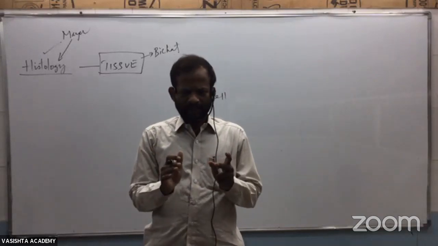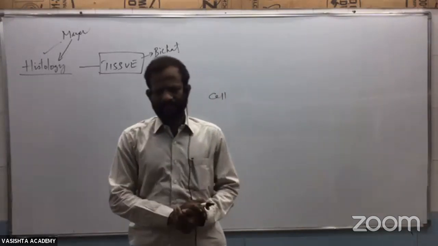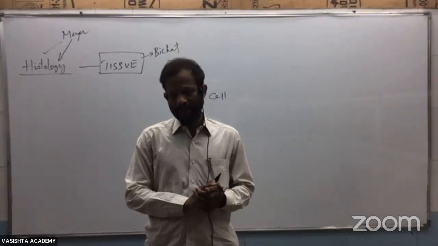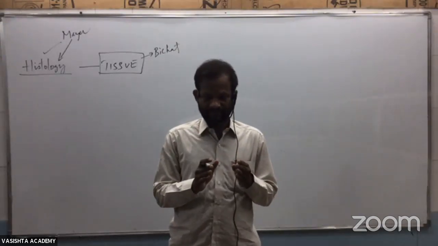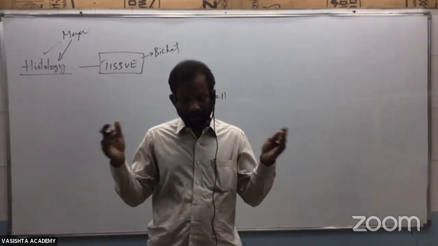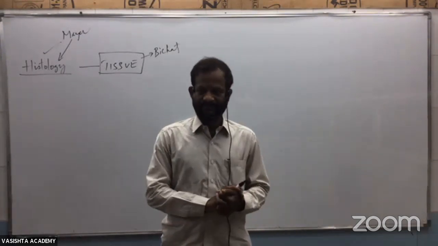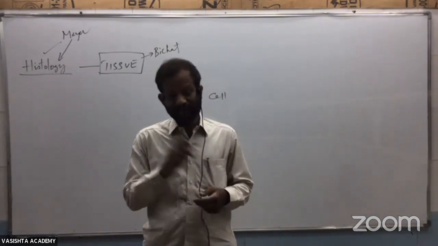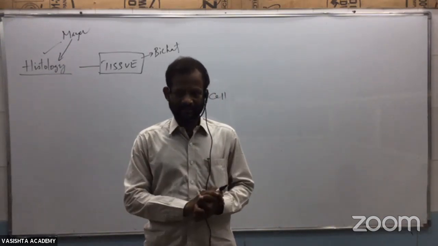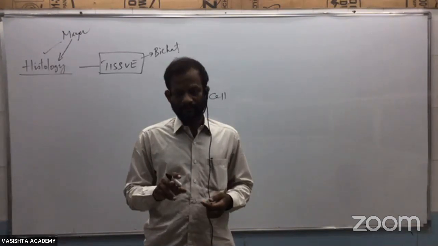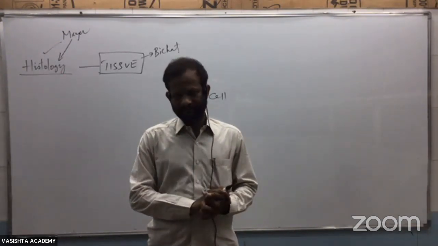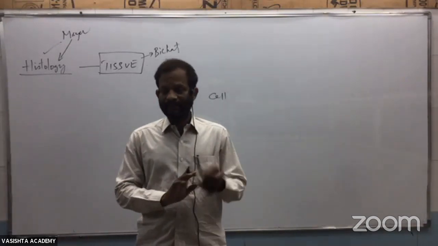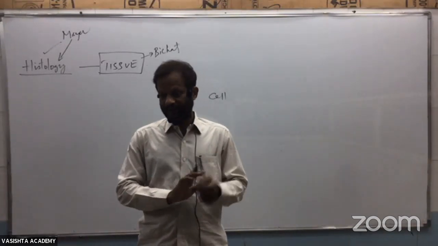But now, you take any branch of science or anything in your studies, those branches are formed by the contribution of different scientists. For example, in genetics, Mendel laid a very good foundation. In evolution, Darwin laid the foundation.